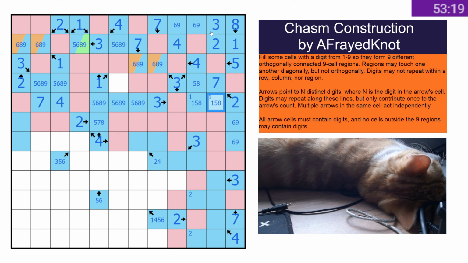Anything else that's interesting? That's a 1, 5, 8. With it as well. That makes a triple, like a quad there, doesn't it? I see. 6, 7, 9.